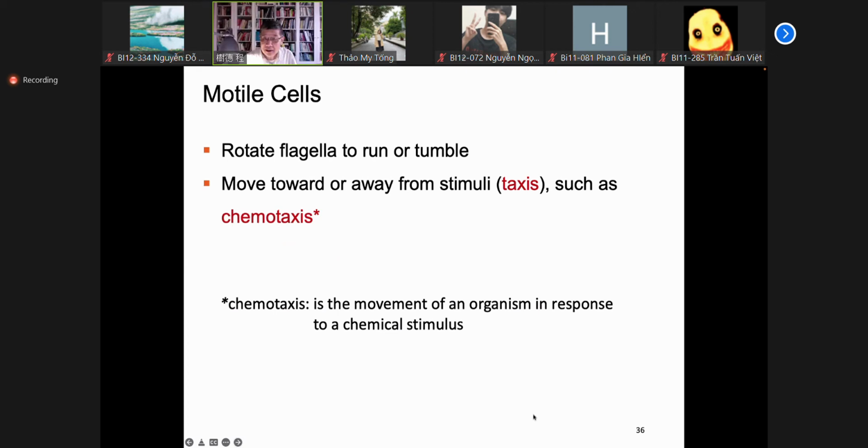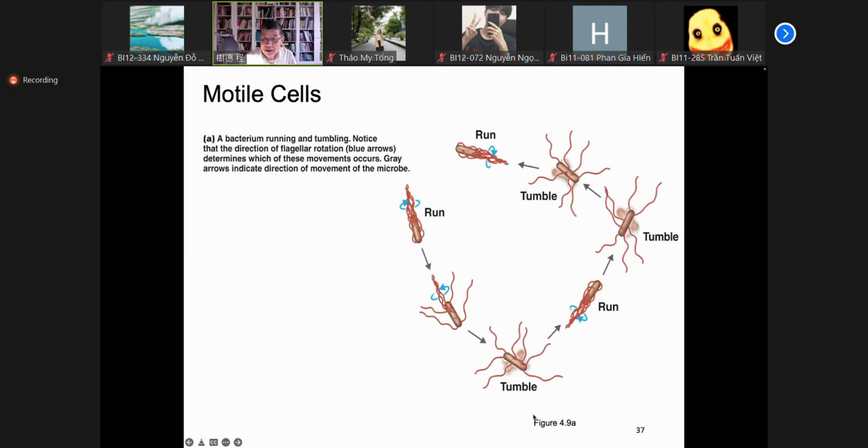Okay, and so you can see this is the counterclockwise. Then they will be able to move in a straight line, move towards a definite direction.